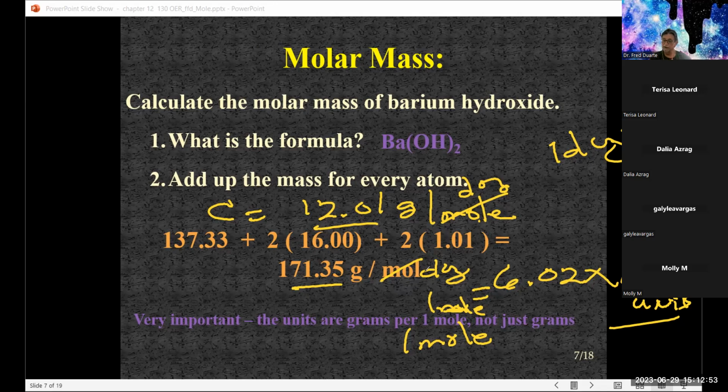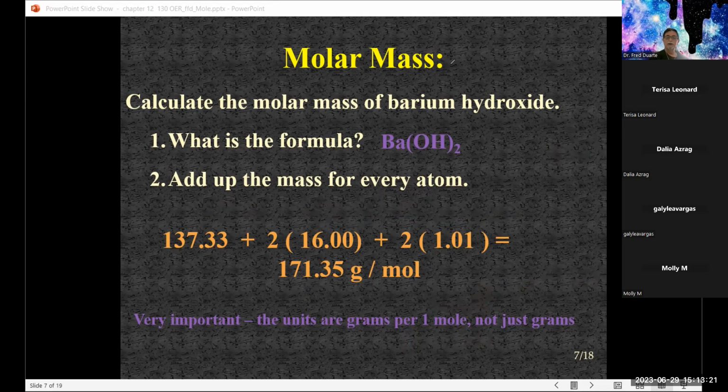Does everyone see that? But the units are not grams per dozen. The units are grams per mole. And every mole contains 6.02 times 10 to the 23rd units, just like every dozen has 12 units. All right, well, let's go on.